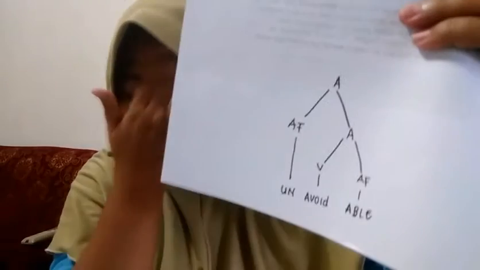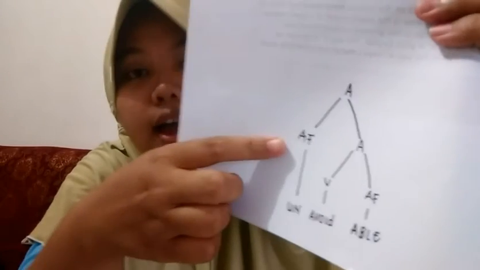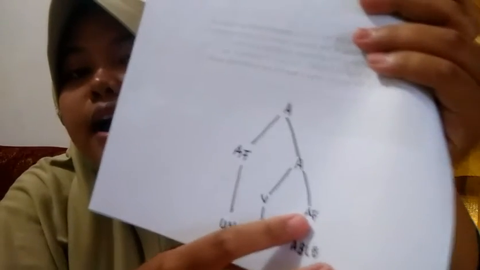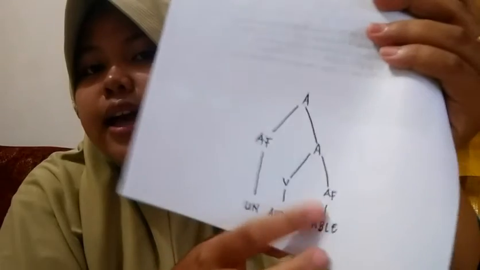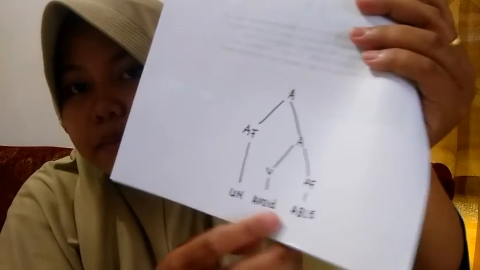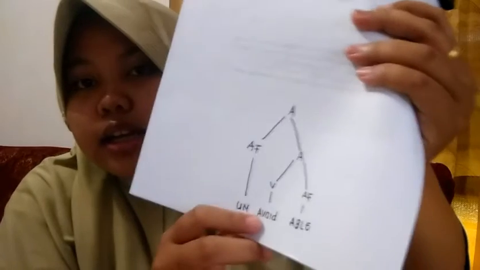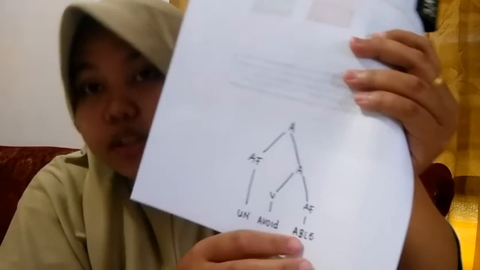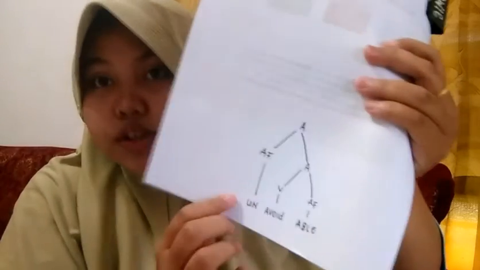This is a root and base, and this is an affix. Another example: the basic word, the root, is avoid, and the affixes are added: this is a suffix and this is a prefix. This is the word analysis.